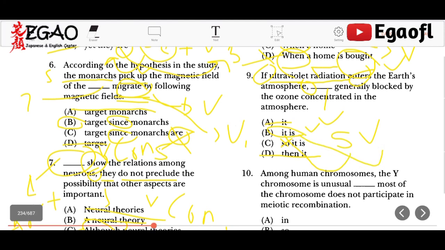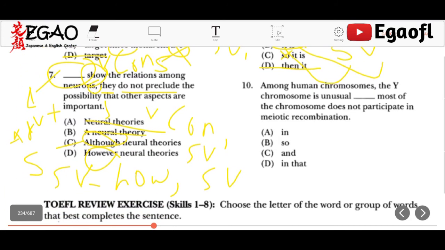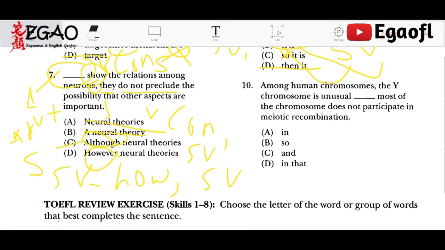And now let's move to number 10, the last exercise that we have in this video. Among humans' chromosomes, the Y chromosome is unusual space. Most of the chromosomes does not participate in meiotic recombination.